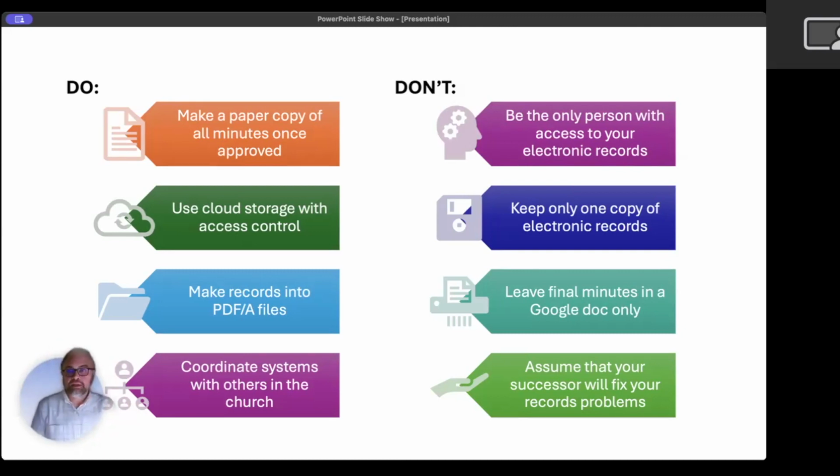Also make your records into PDF-A files. Now, you probably heard of a PDF, but you may not be familiar with a PDF-A. It is becoming more familiar. It is a special format of a PDF that is marked as archival. That's what the A stands for. So archival professionals have worked with the computer community to identify the things that are needed to make a long-term file.